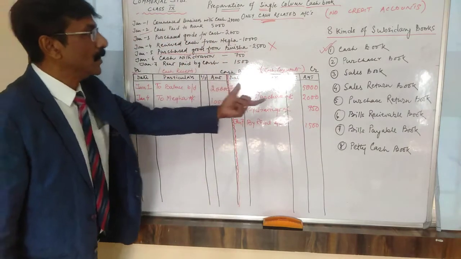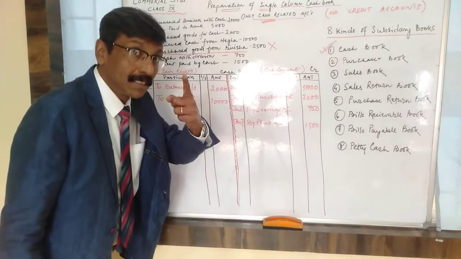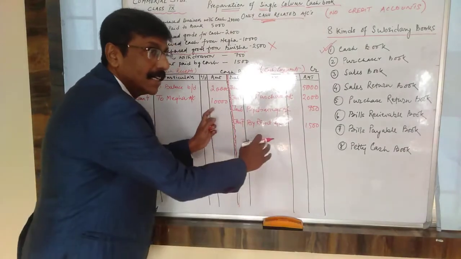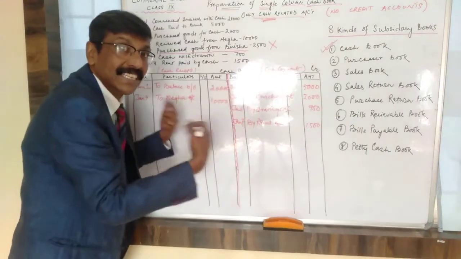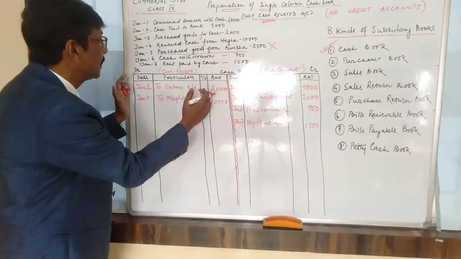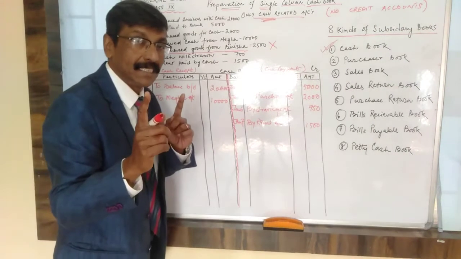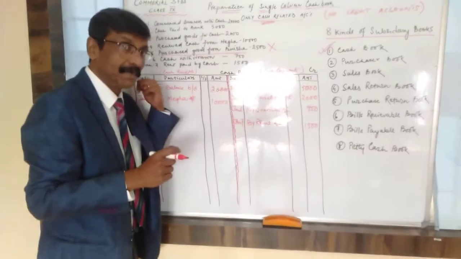Now we have done all the payments, cash payments, no credit payments, all the cash payments on the credit side, and all that we have received in cash, we have put in the receipt side, that is the debit side. Understand this: payments, credit side; receipts, debit side.